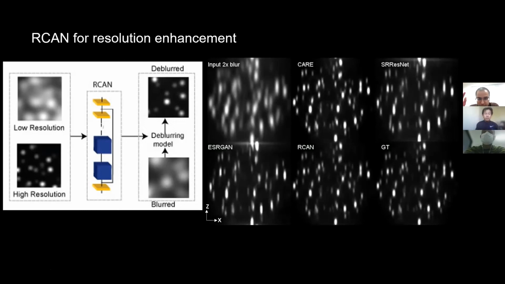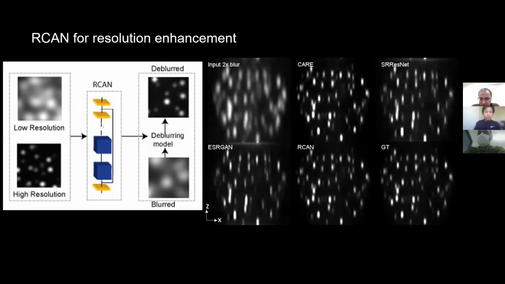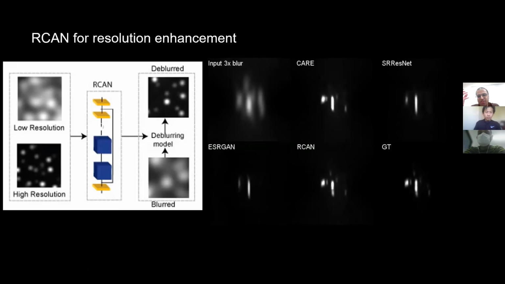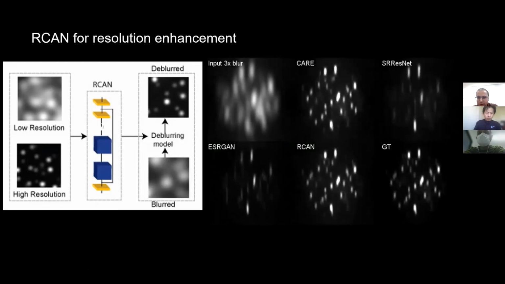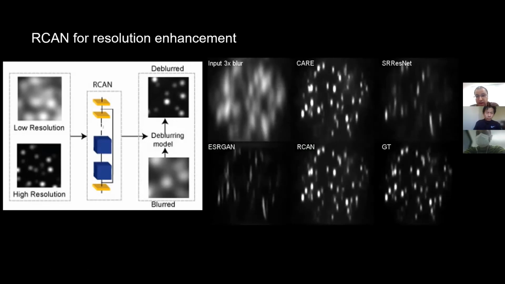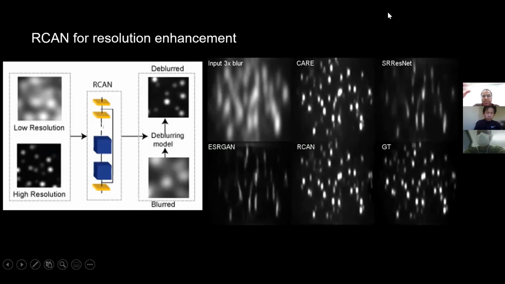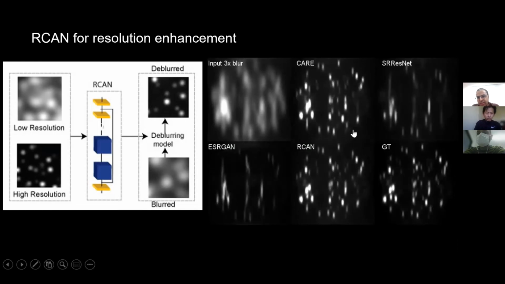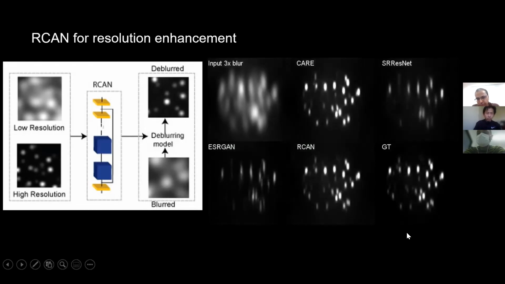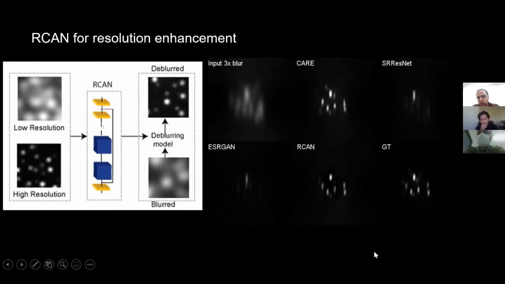The beauty of a simulation is you can now turn the blur up. So if you blur the data with a kernel threefold larger than the point spread function, now you start to see the networks degrade. The ESRGAN and the SSRSNet, especially in 3D, kind of fall off the rails, but even in the CARE, you start to see some discrepancies, and in the RCAN as well, if you look closely.